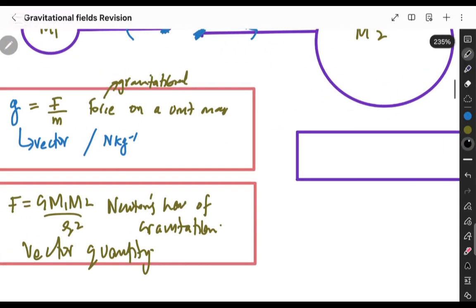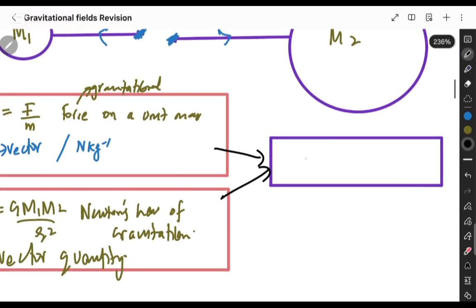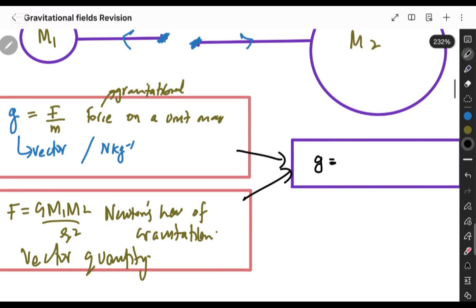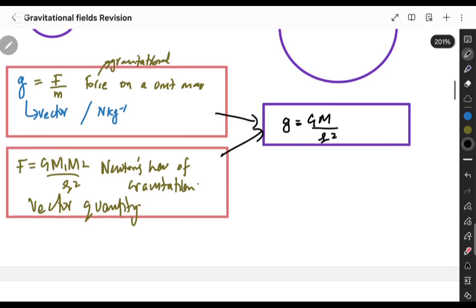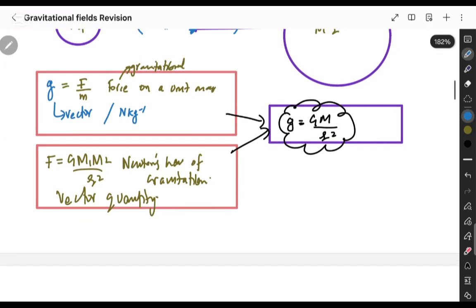Remember, we can combine these formulas to get a final formula for the gravitational field, which is g equals G M over R squared. Remember this formula as well, very, very important. One very important thing: which mass is this one? Let's say this is M1 and this is M2.